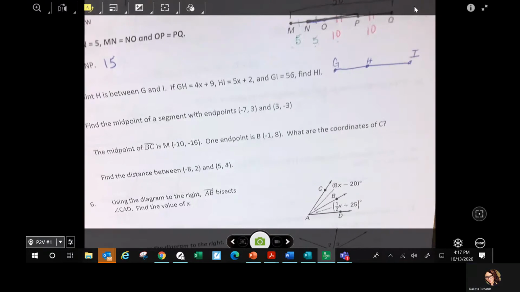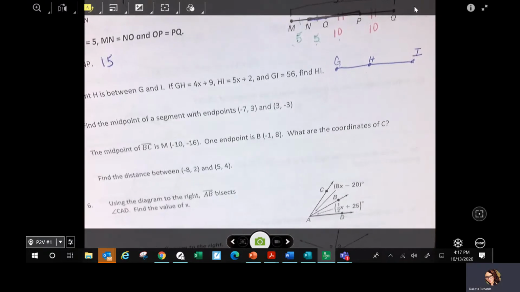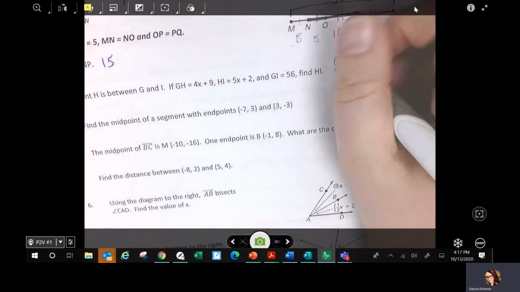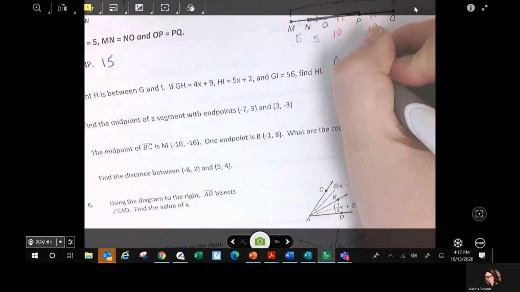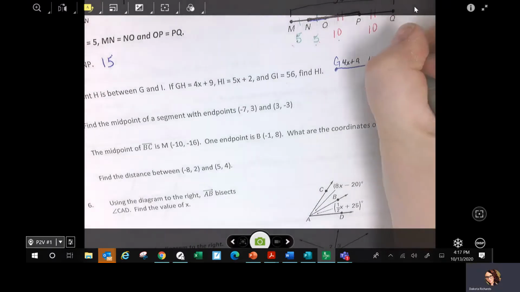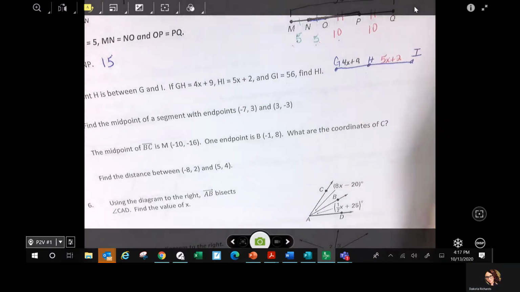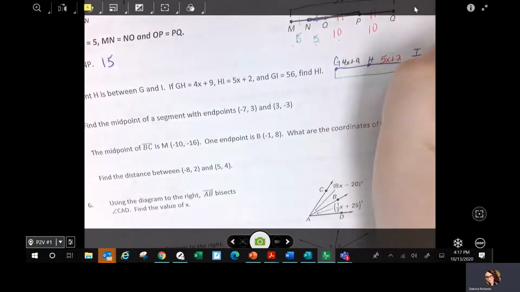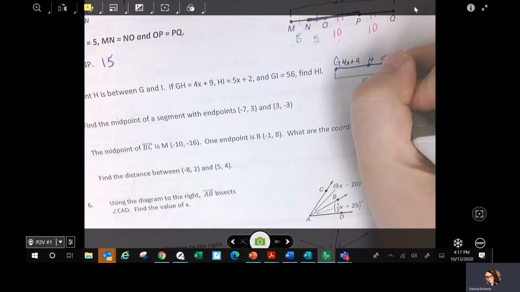So if GH is 4x plus 9 and HI is 5x plus 2, and the entire thing, GI, is 56.